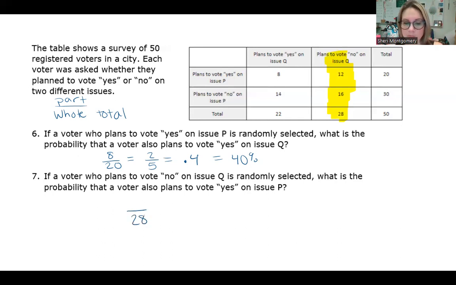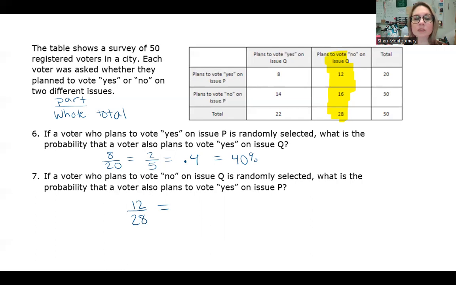And so those that plan to vote no on issue Q, what's the probability that they plan to vote yes on issue P? So what number do I choose? Yes on issue P, 12. That looks like it can reduce also.